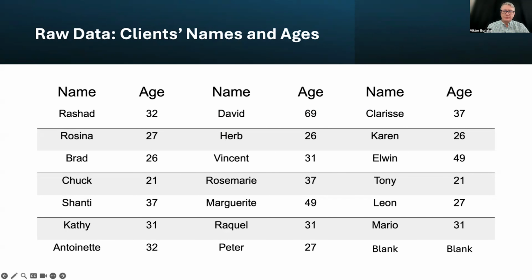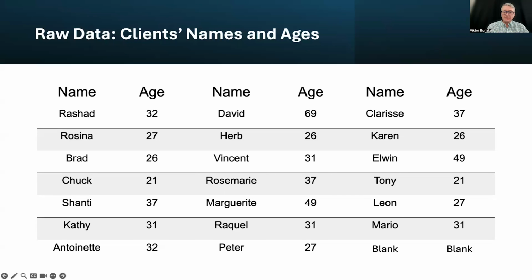While raw data is important, it needs to be organized for analysis. We will later look at how this raw data can be transformed into frequency distributions, which will make it easier to understand patterns. For example, we can use this data to determine the most common age group among the clients, which can help in developing targeted programs or interventions.